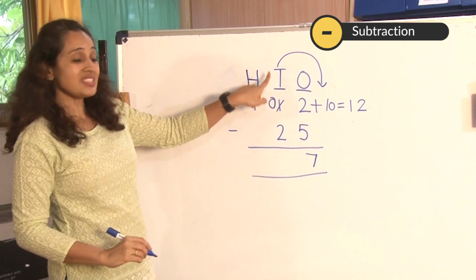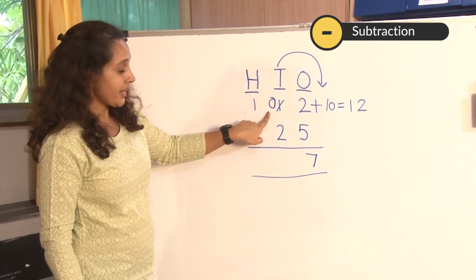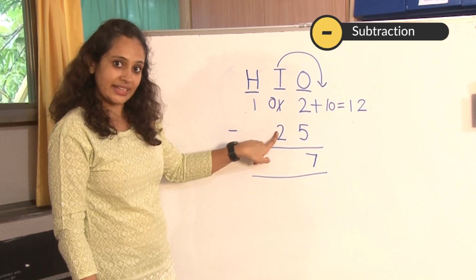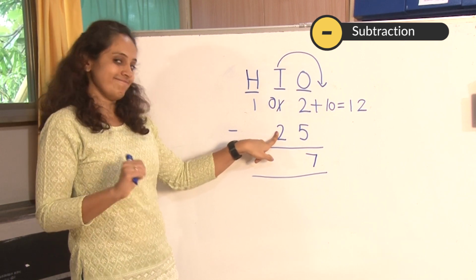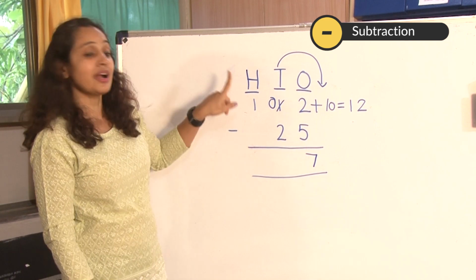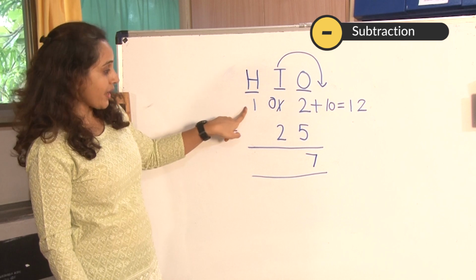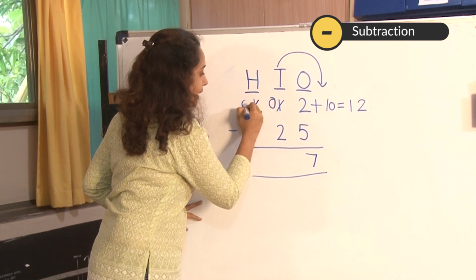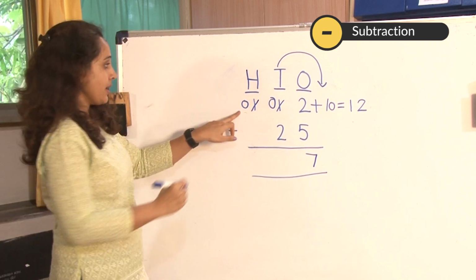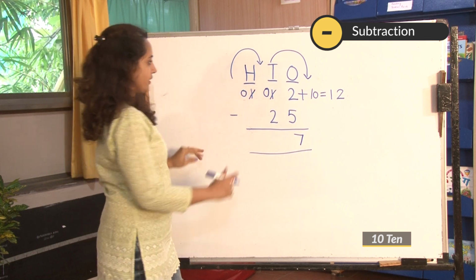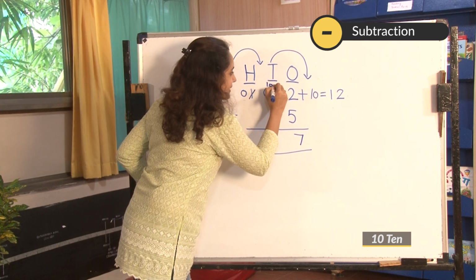Now let's go to the tens place. I have 0 tens and I need to deduct 2 tens. Is it possible? Not possible. And now what do I do? I'll regroup hundreds. I have 100 here, and when I regroup it, I'm not left with any 100, but I get 10 tens. Yes? So I'll have 10 tens.